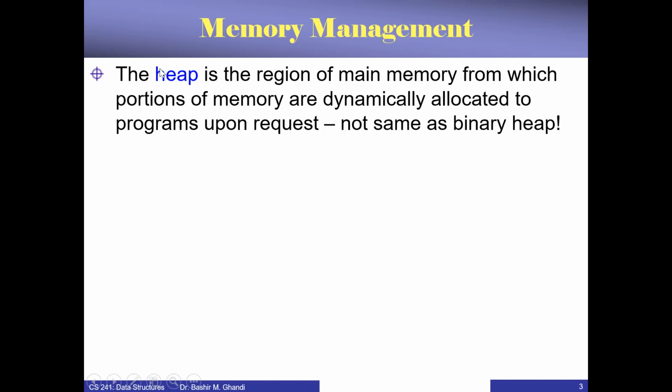No, heap is an area of the RAM from which memory is allocated to programs by the operating system. So when you start your program like Microsoft Word or NetBeans or any other program, the program will make a request to the operating system that it needs a certain amount of memory, and the operating system will allocate that memory.